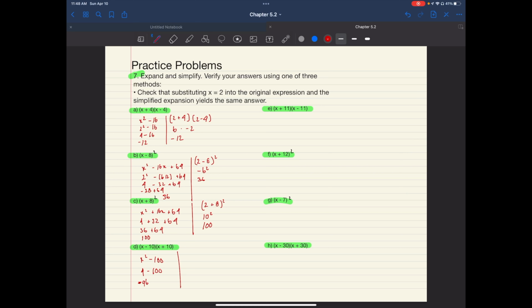Plug into the original equation. This is going to be 2 minus 10, 2 plus 10. This is going to be negative 8 times 12, which is negative 96.